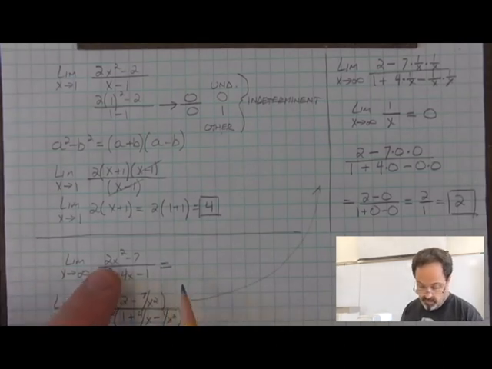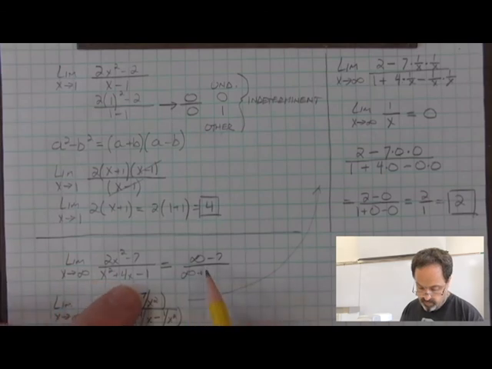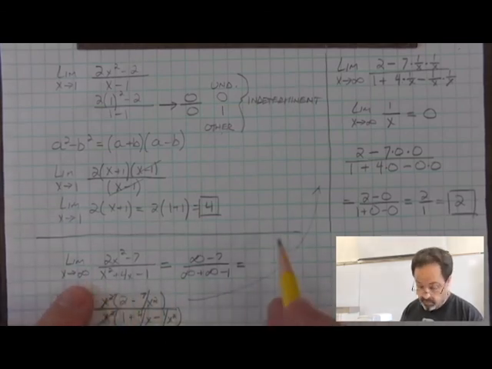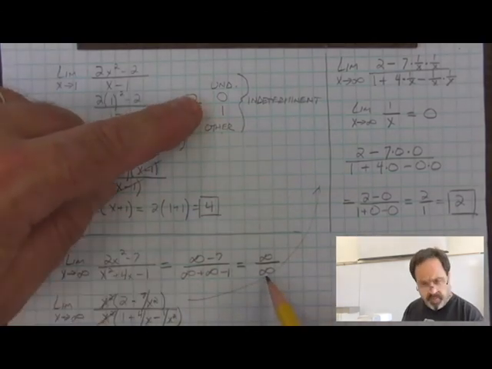The limit of 2x squared as x goes to infinity is infinity, minus 7 over x squared, plus 4 times x is infinity, minus 1. And we would get, by that direct use of limit laws, infinity over infinity. This doesn't help because, just as in the previous problem, how do we think of this?